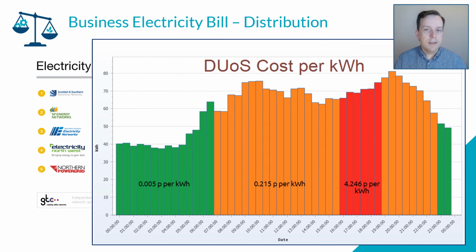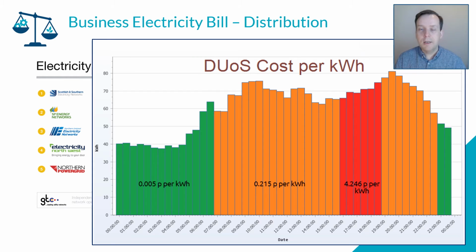So the idea is the DUoS costs depend on the time of day. These are our half-hourly bands, so for each half-hourly band, you may have a different DUoS cost. The idea is to incentivize use of electricity off-peak and discourage use of electricity during peak times.